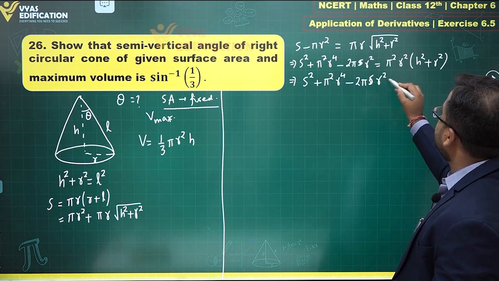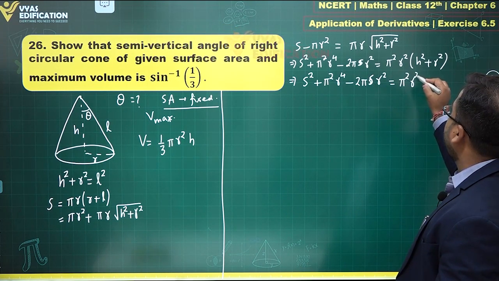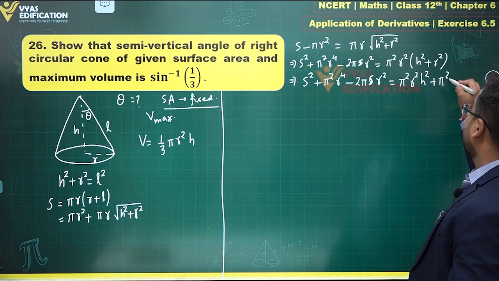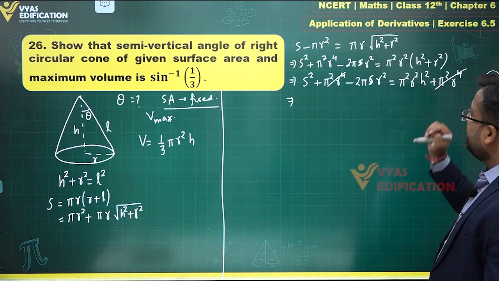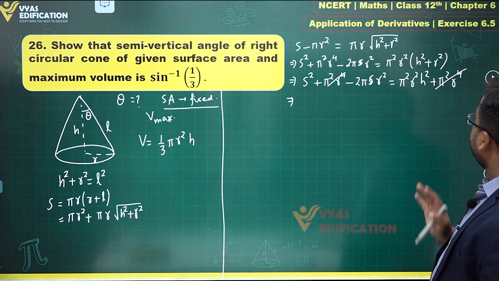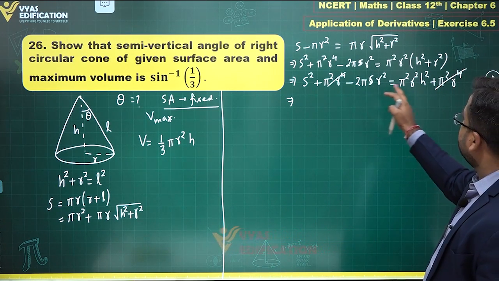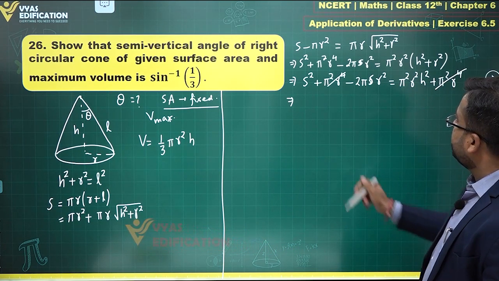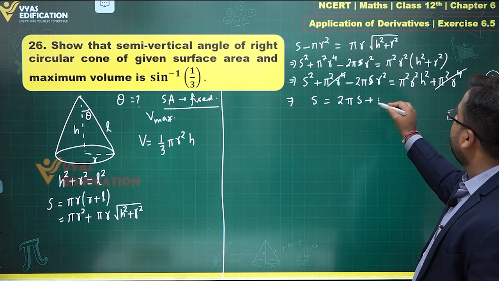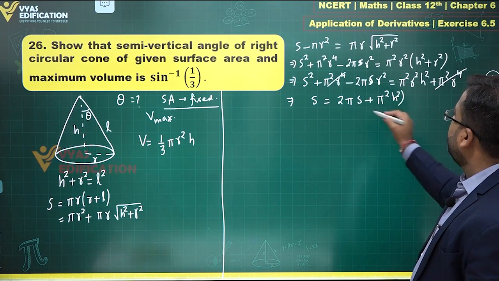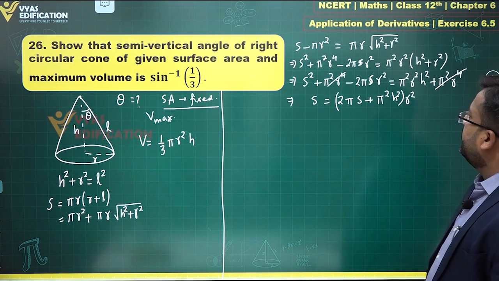This is S, capital S, is equal to pi square R square H square plus pi square R power 4. This goes, okay, and therefore can we observe that we have this term and this term both contain R square? Yes, so S square will be equal to 2 pi S plus pi square H square, and an R square outside.